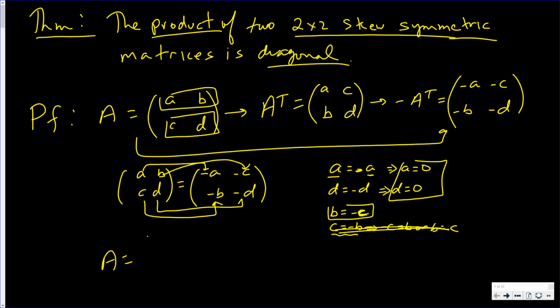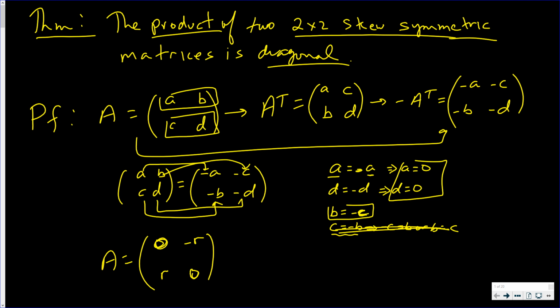So matrix A: a and d have to be 0, and whatever c is, let's call it R, b must be negative c. So that's what A can equal. And we see the form.